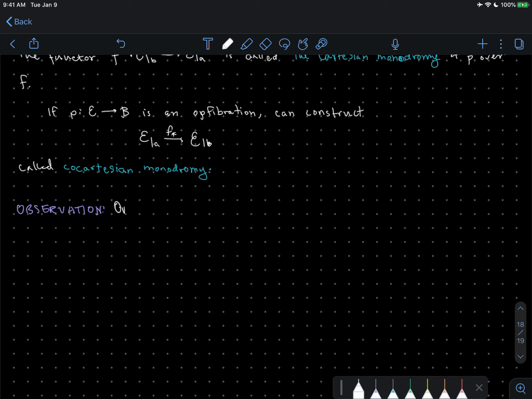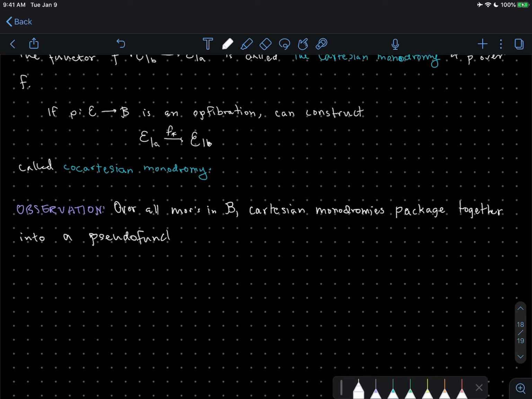So over all morphisms in B, the Cartesian monodromies packaged together into almost a functor, into what's called a pseudofunctor from B op into Cat.